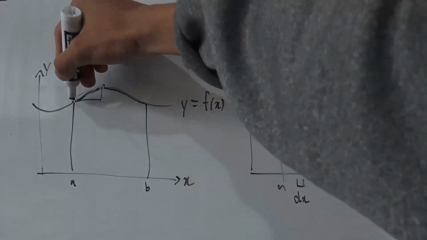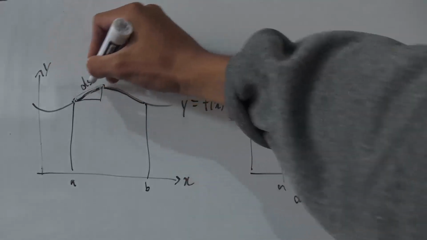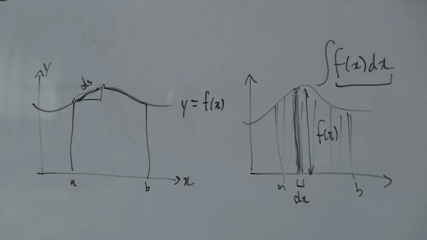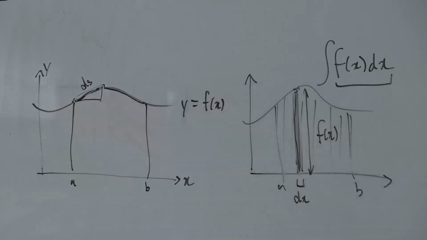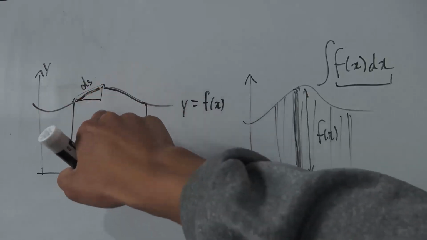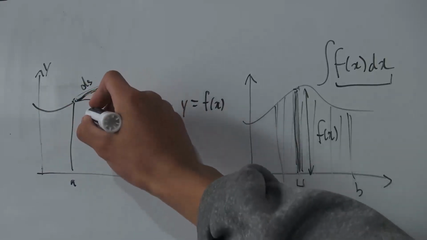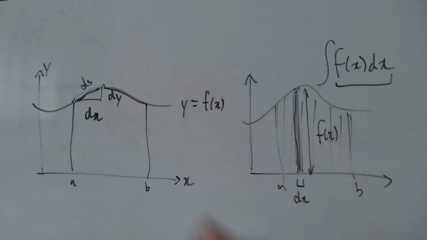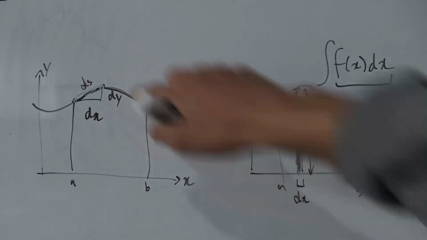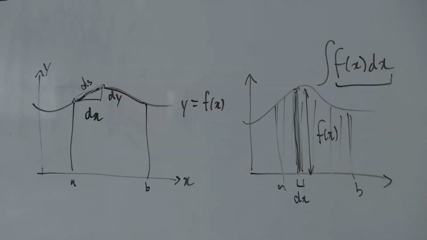Let's call this hypotenuse ds, and the idea is similar to integration. We want to make everything here approach 0. The smaller this becomes, the more accurate our approximation is. So if this is ds, and this length approaches 0, this will become dx, and this height here will become dy. So we want to find ds in terms of dx.